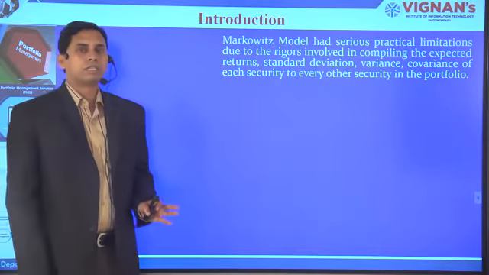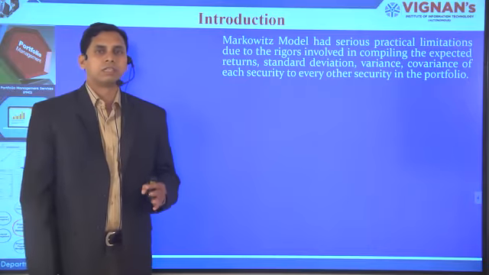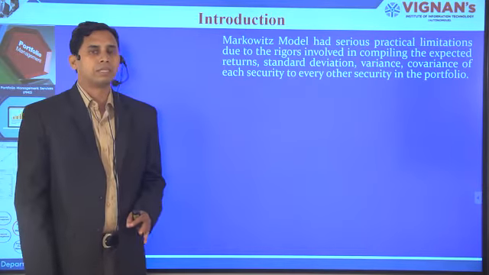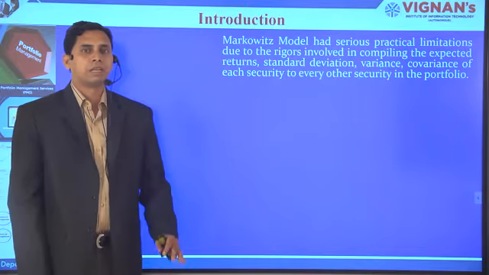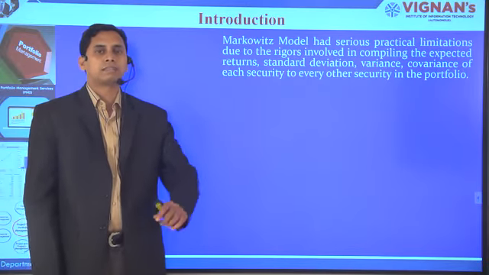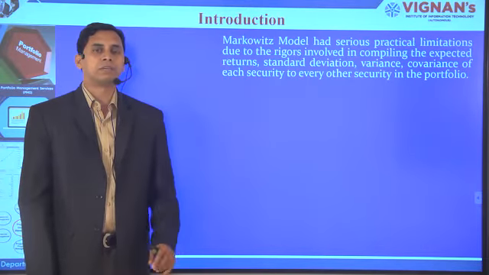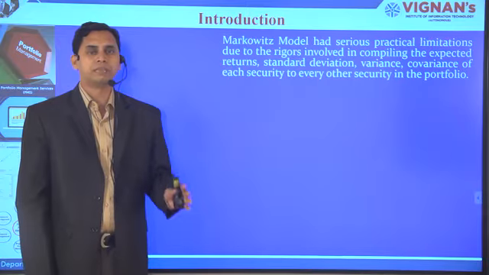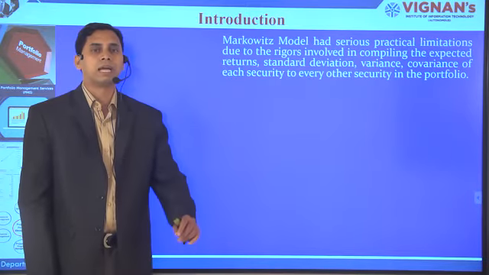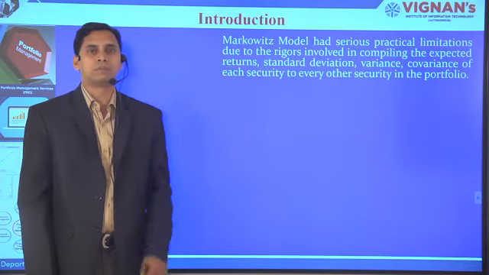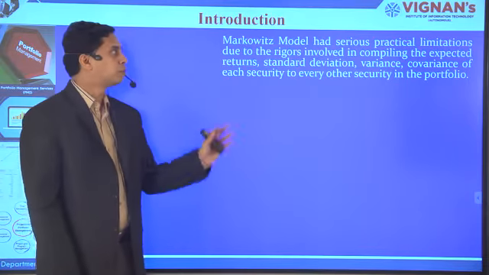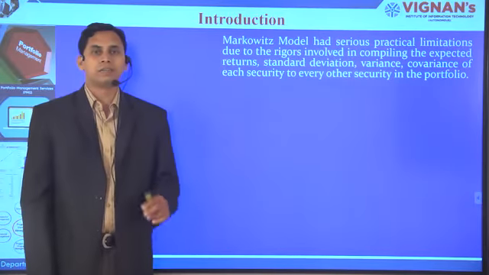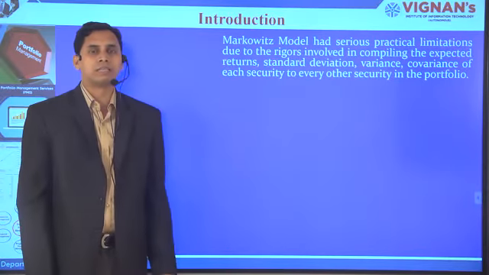Before discussing the Sharpe single index model, let us recollect the Markowitz model and what it has stated. The Markowitz model has helped investors evaluate various investment portfolios and select the optimum portfolio. But there are several complications in the Markowitz portfolio model.